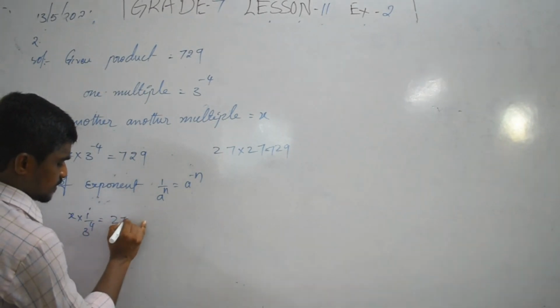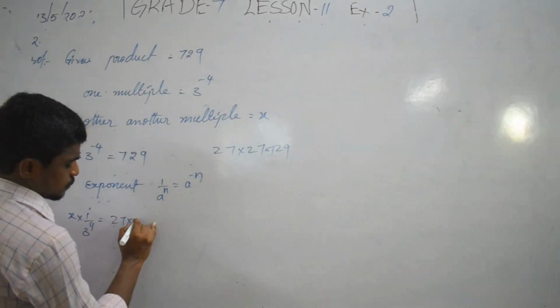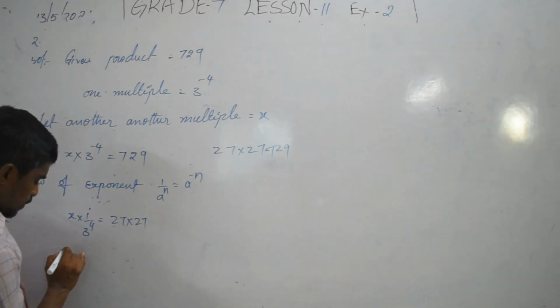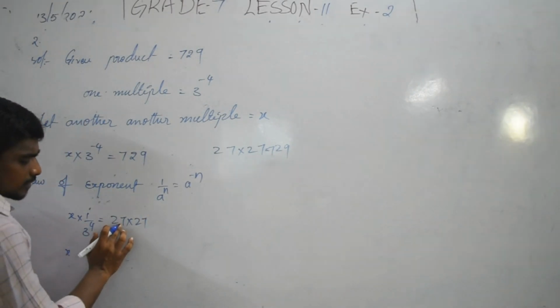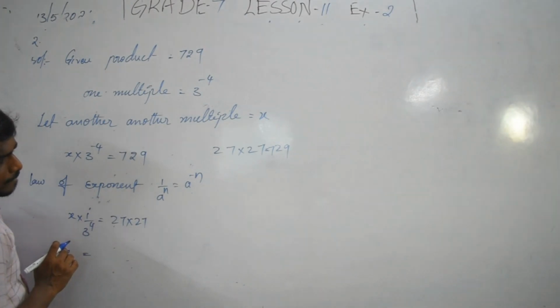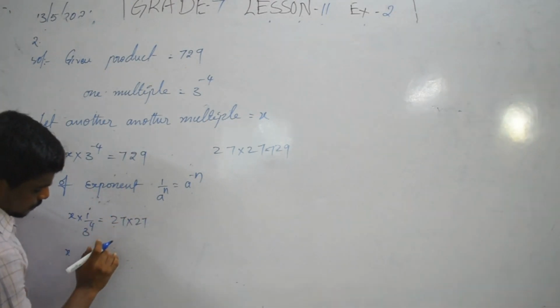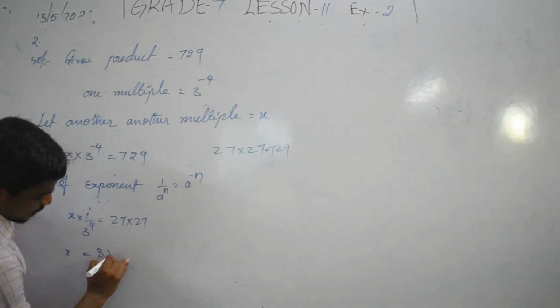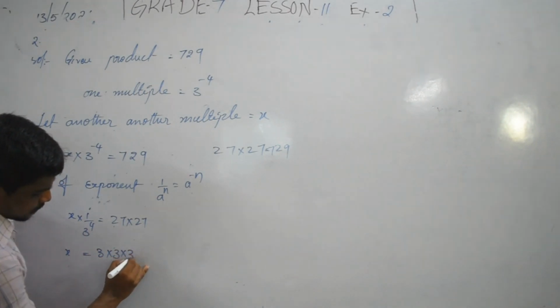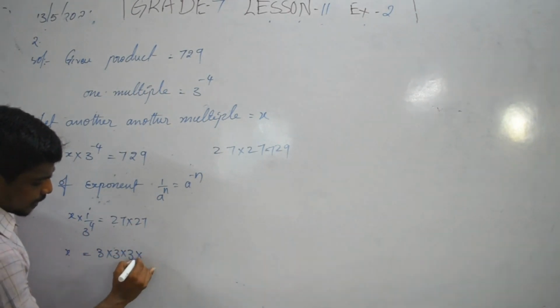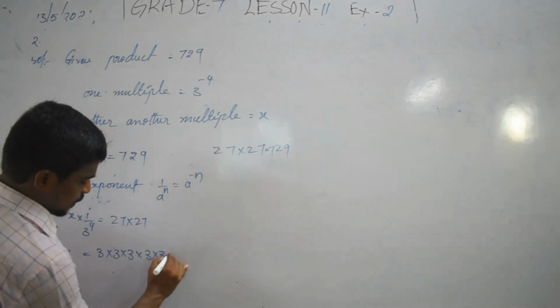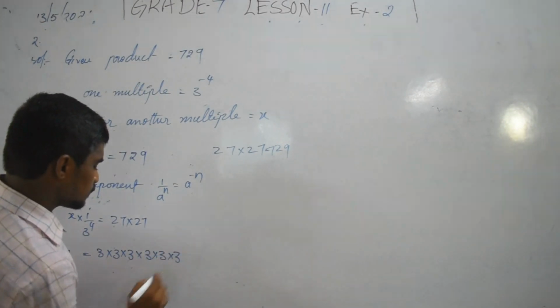Now x equals 27. How to write it? 27 is 3 multiplied by 3 multiplied by 3.